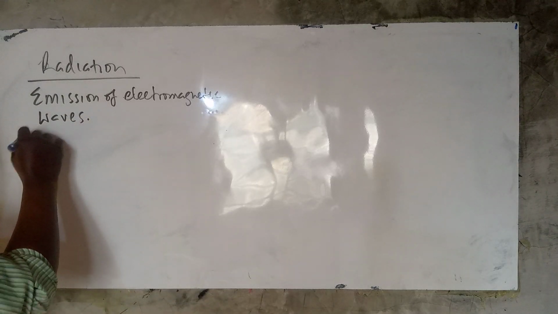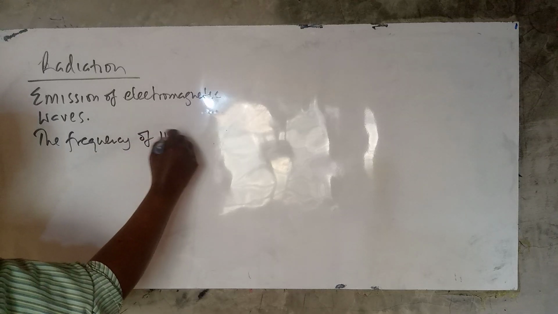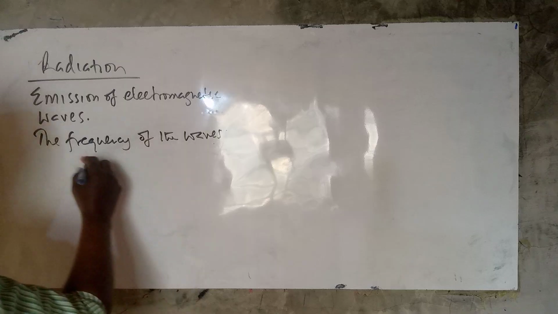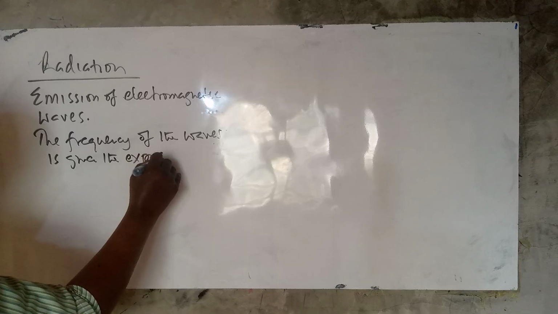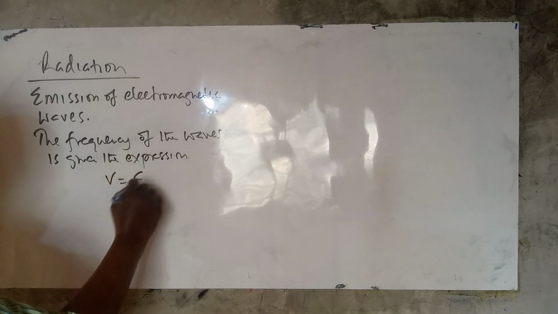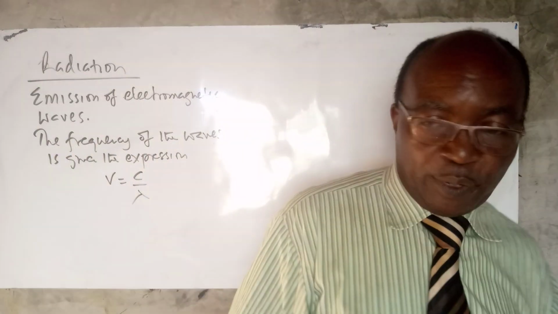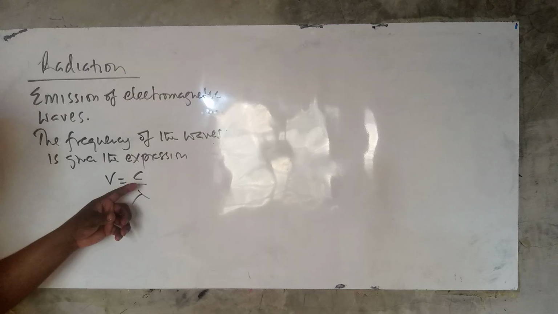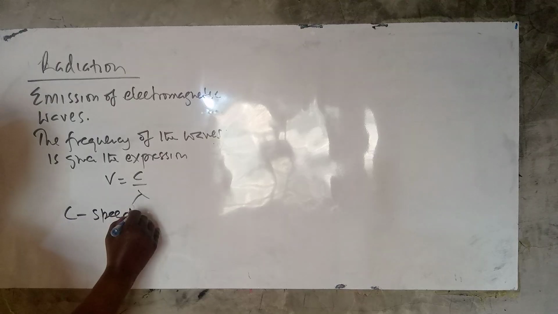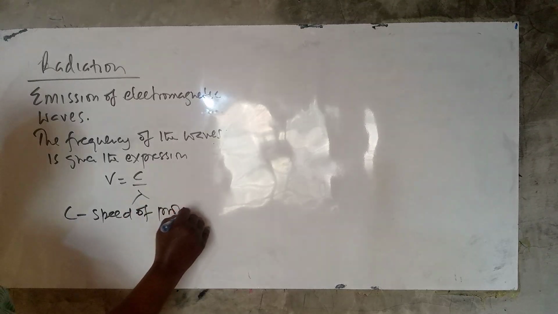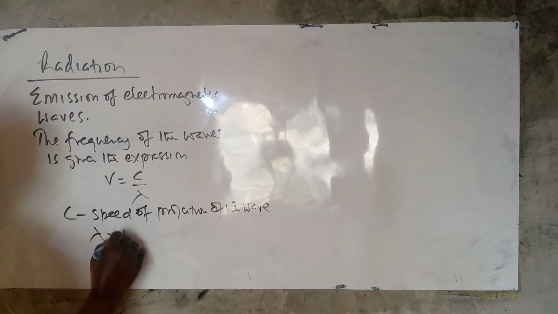That is, the frequency of the waves is given by the expression v equals c over lambda. In other words, each of these waves has a different frequency, which is related to the speed of propagation of that wave and its wavelength, where c is the speed of propagation and lambda is the wavelength.